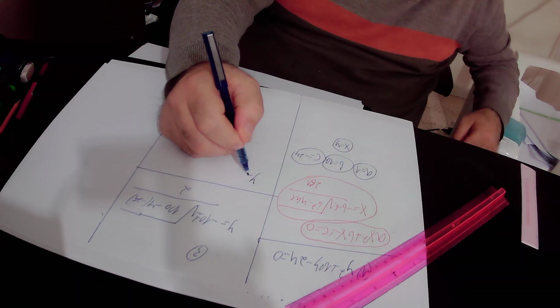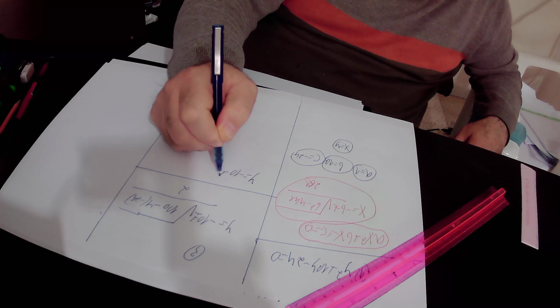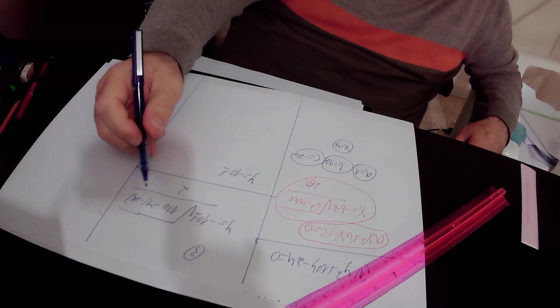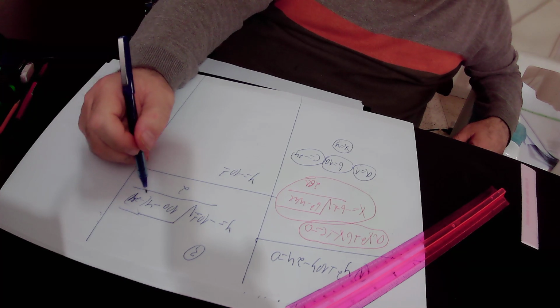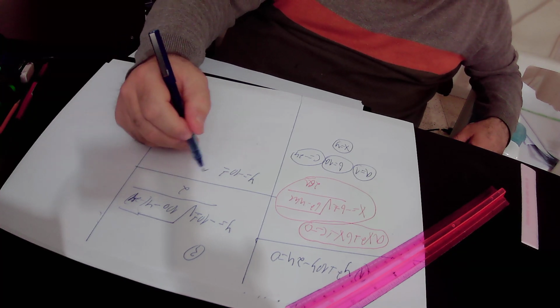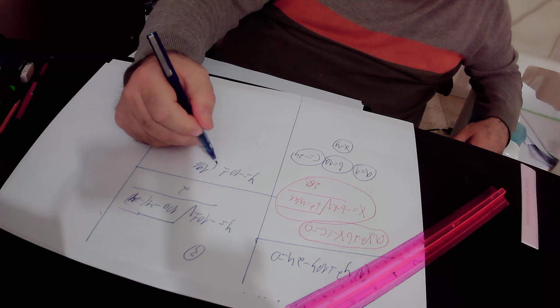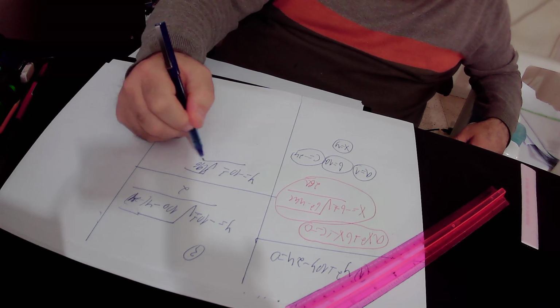So y equals minus 10 plus minus the square root of, 4 times minus 24 is plus 96, and 96 plus 100 is 196, over 2.